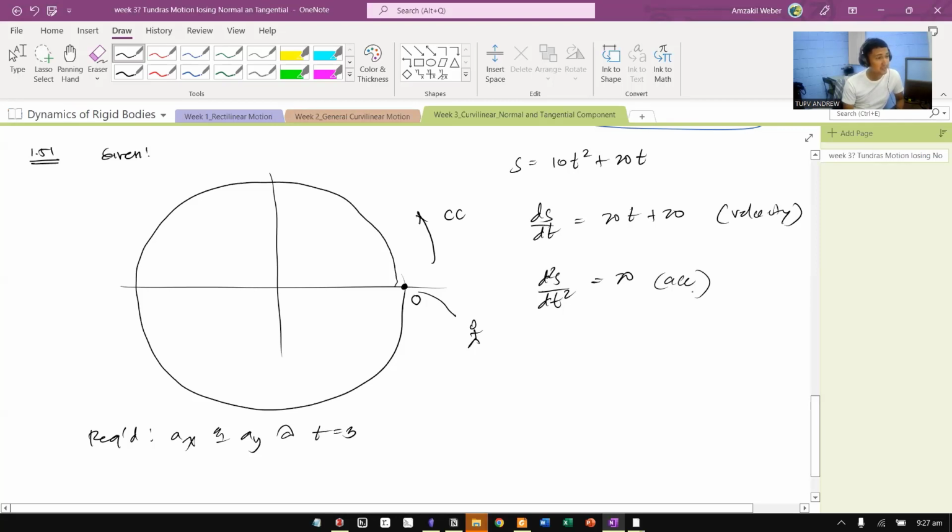So by elimination, it should be tangential. But aside from elimination, since it is tangential velocity, if you derive tangential velocity, then it must be tangential acceleration. Okay? So we now have a_t and v.